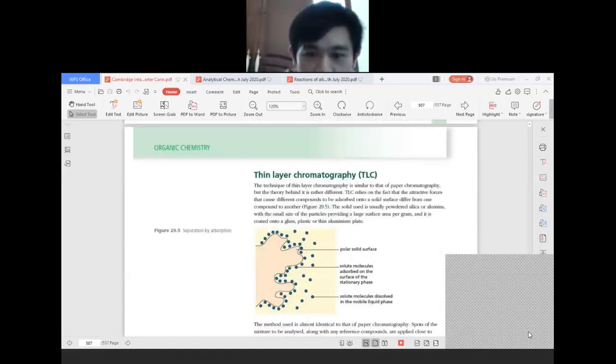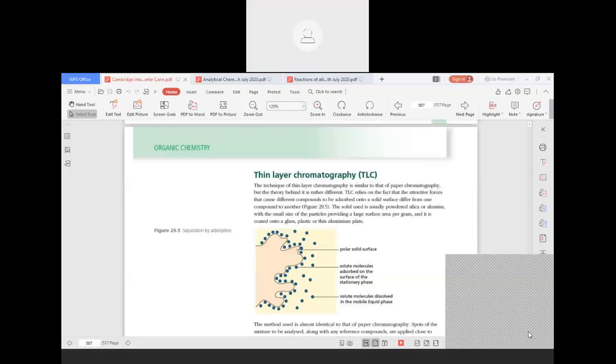The technique of TLC is similar to paper chromatography, but the theory behind it is rather different. Is there any mobile phase and stationary phase? There is. The concept in paper chromatography: the separation is by partition.